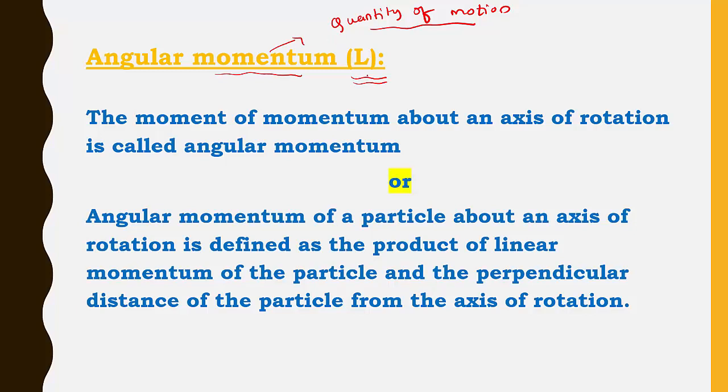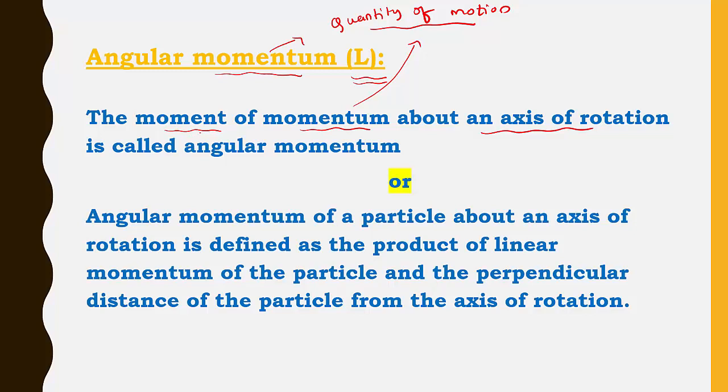It is denoted by the symbol capital L. Then how to define angular momentum? Angular momentum is the moment of momentum about an axis of rotation. Moment of momentum means what? Momentum means quantity of motion. Moment means at a certain distance.